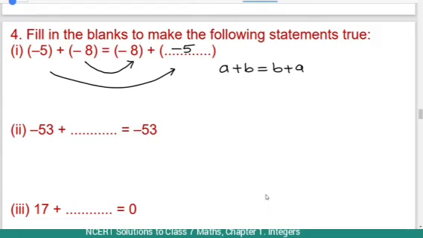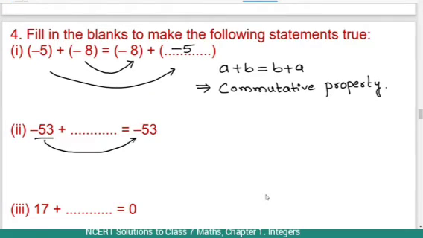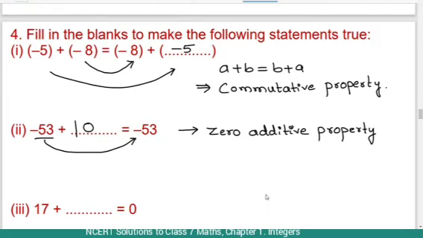So it is A plus B is equal to B plus A, that is the commutative property is used here. In the second one, -53 plus blank is equal to -53. Here it comes 0 because 0 is the additive property. So here we are using the 0 additive property.